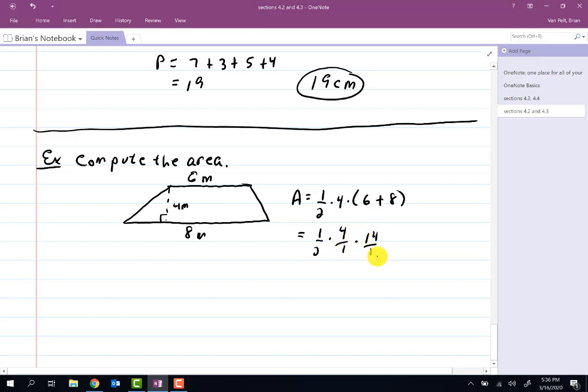So I can take out this 1/2 by canceling with the 4, and I'll be left with 28. And now let me put in my units, that is meters squared.